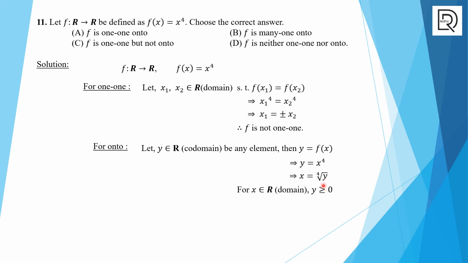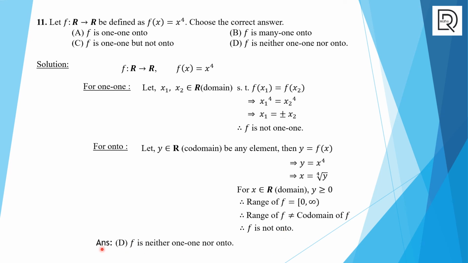So this means the range of the given function is the set of non-negative real numbers, that is 0 to infinity. So therefore the range of f is not equal to the codomain of f. So therefore f is not onto. So our correct option is D, which is f is neither 1-1 nor onto.